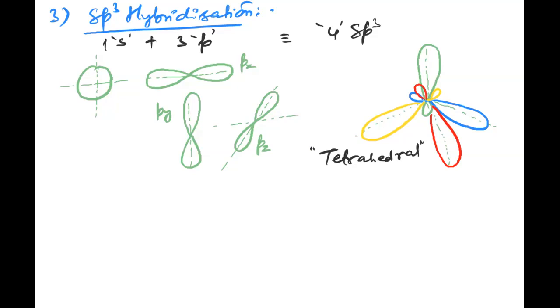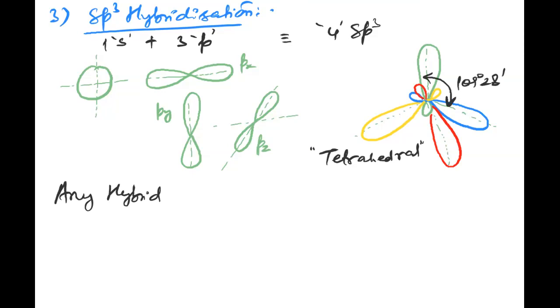So you can say any hybrid orbital, or this bond angle, or every bond angle should be equal to 109 degree 28 minutes.